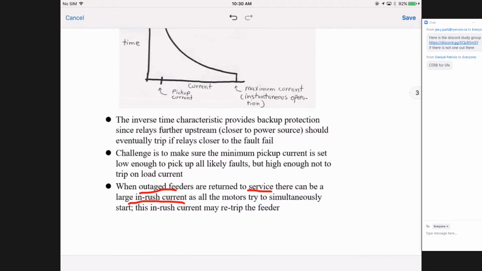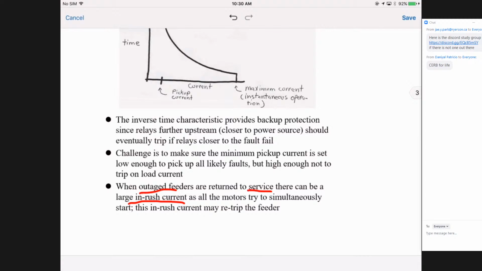But when there is an outage, the whole area blacks out, and once the circuit breaker is put back, it may trip again, because all the motors, particularly in the industrial area, will require a high current, and the transformer takes a lot of current. The transformer can take 8 to 10 times the normal or rated current.